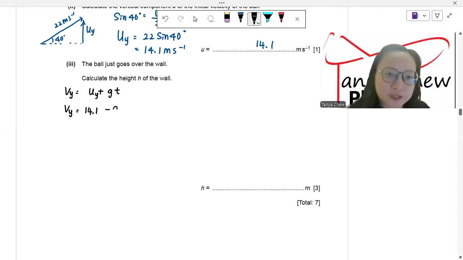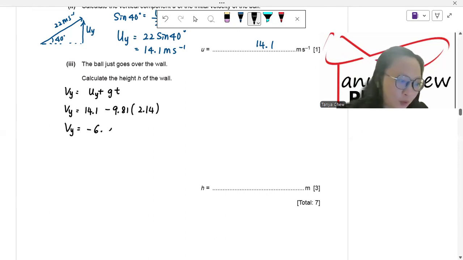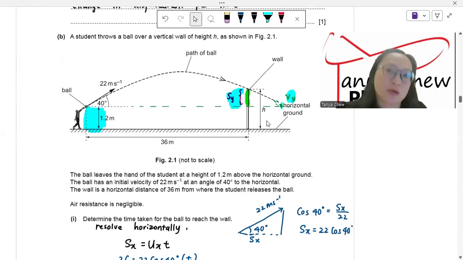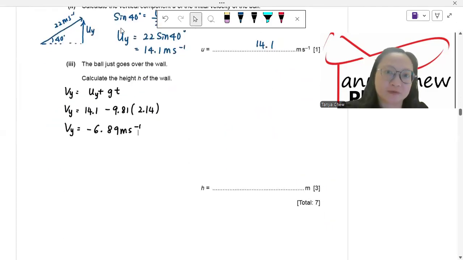So I replace it with 9.81 times the time taken to reach the same height again. Vy I got was negative 6.89 meters per second, which is also right because V represents velocity and this Vy is in the downward direction, so it takes a negative sign.